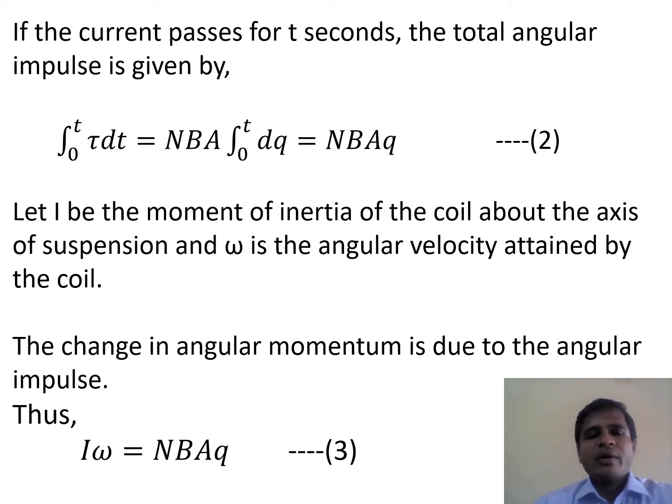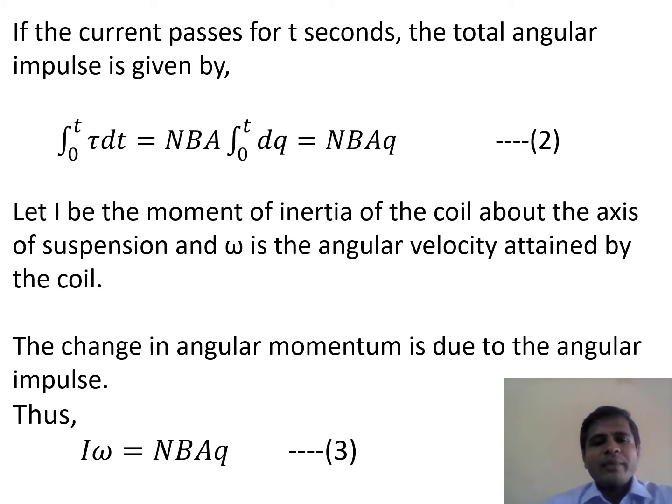So here we are integrating with respect to dq. So therefore dq is integrated over 0 to t. The integration of dq is q. After substituting the values of limits, it will be q. So therefore the total angular impulse will be equal to N into B into A into q, and let this be equation 2.